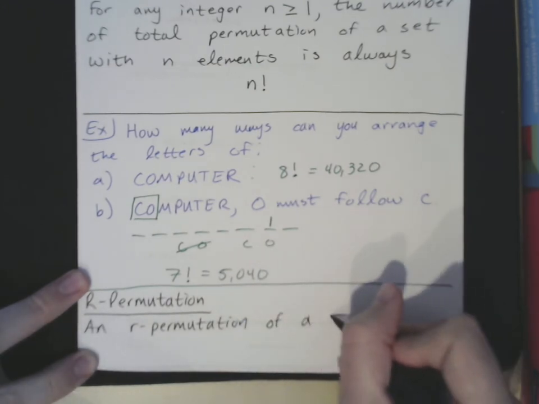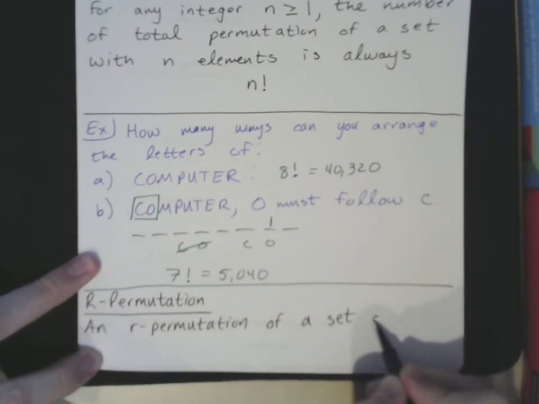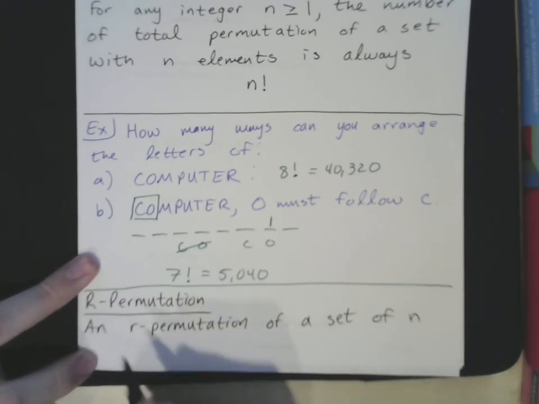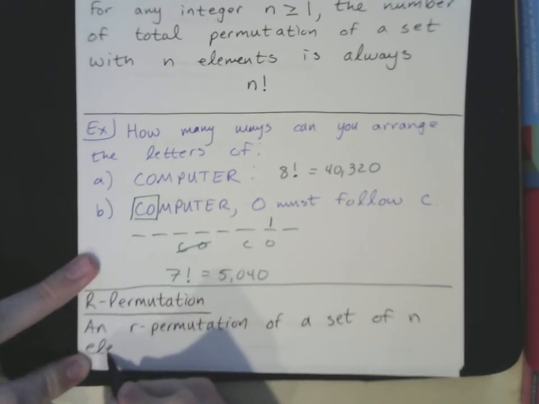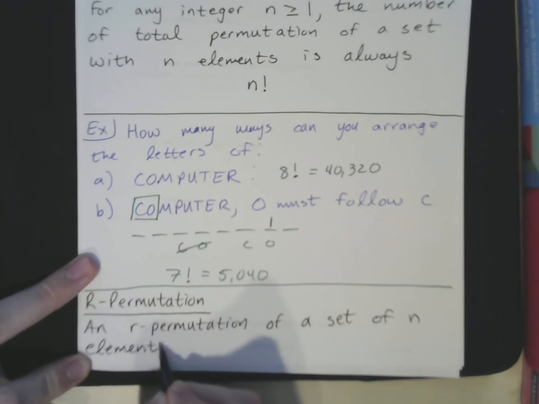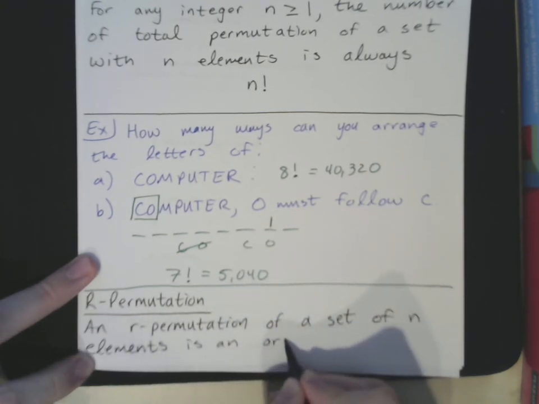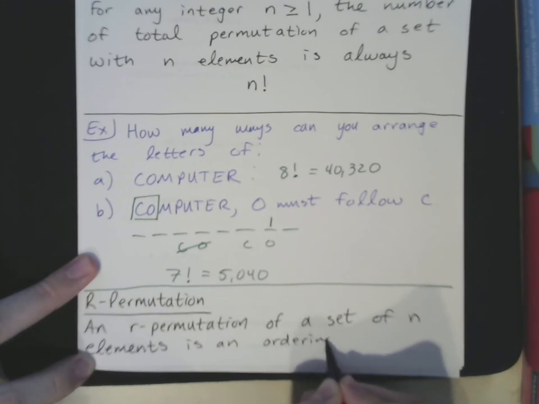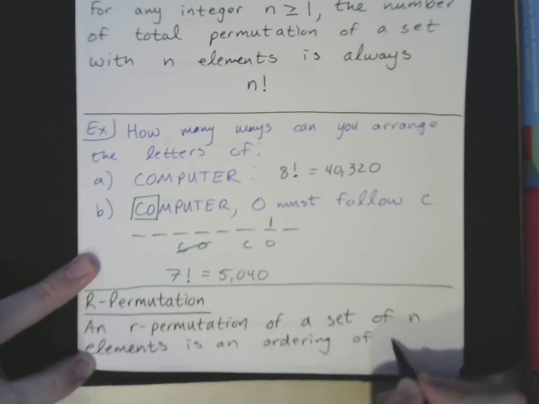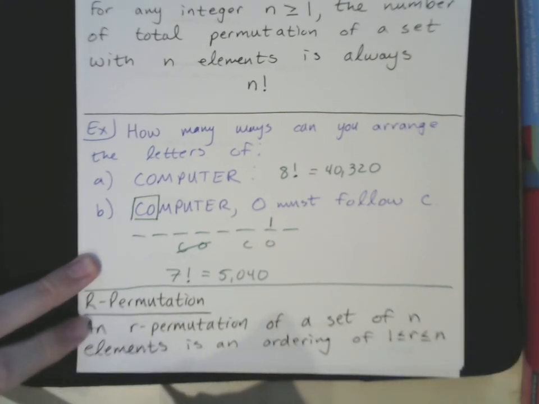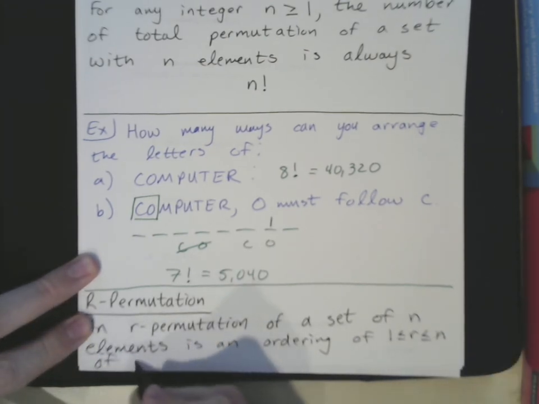a permutation of a set of n elements is an ordering of r, where 1 is less than or equal to r less than or equal to n, of those elements.